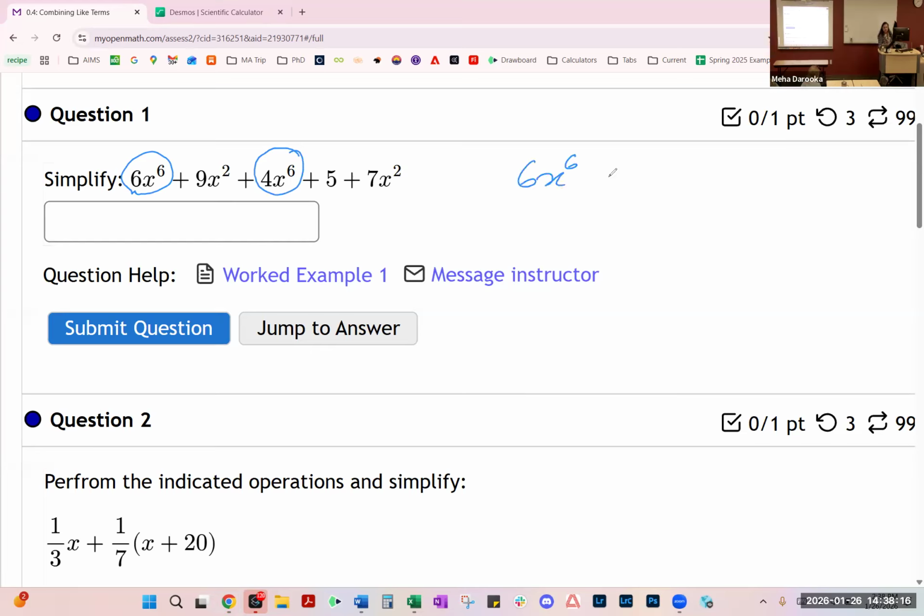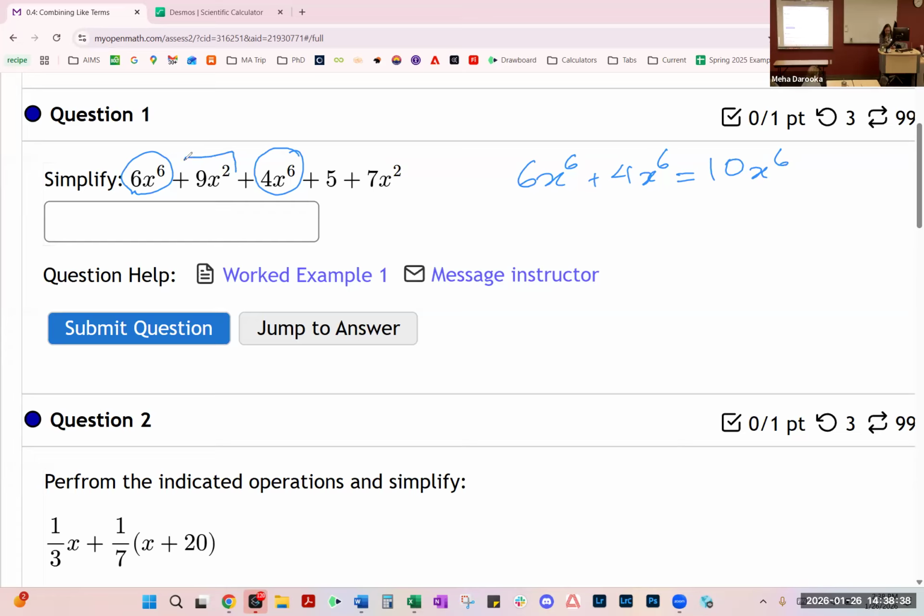6x to the 6th was positive. 4x to the 6th was positive. So that will come up to be what? 6. Very nice. 10x to the 6th. And then do we have any other like terms in that expression? Second. Perfect.